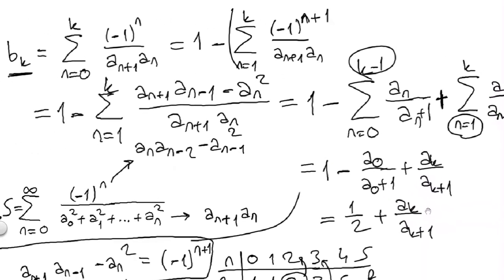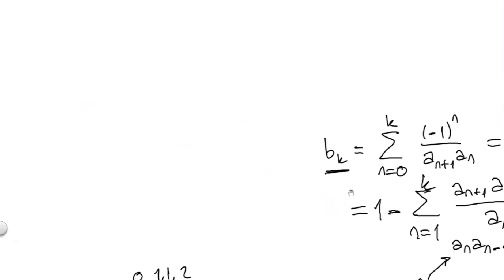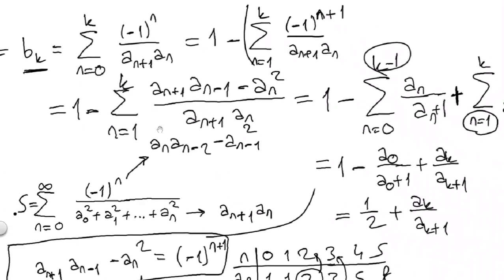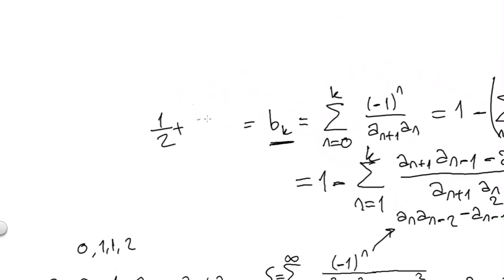And so this is equal to b_k. Let's put it here. 1 over 2 plus b_k. Wait, is it actually b_k? No, a_k over a_k plus 1. Okay, cool.